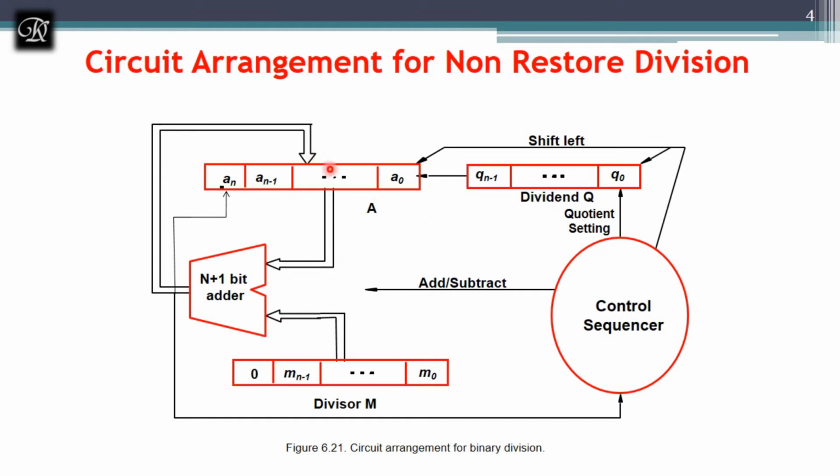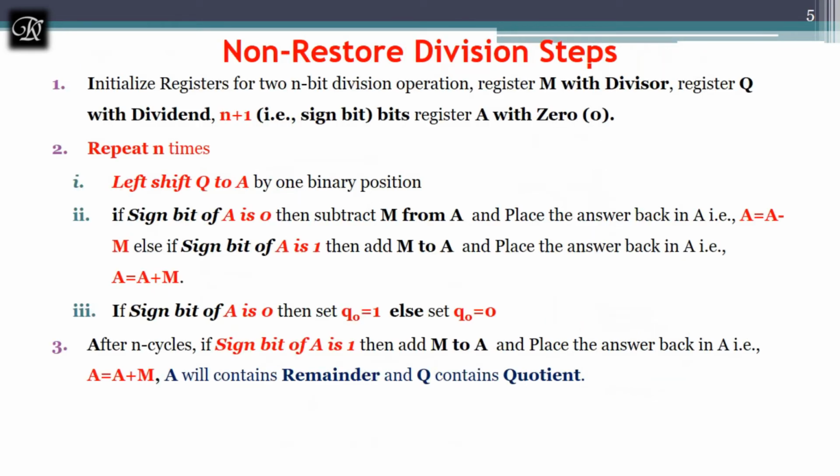After each addition and subtraction the answer will be stored back in A, and finally the remainder will be in A and the quotient will be in Q. Let's see the steps for non-restore division.